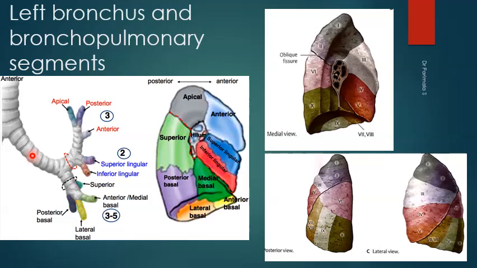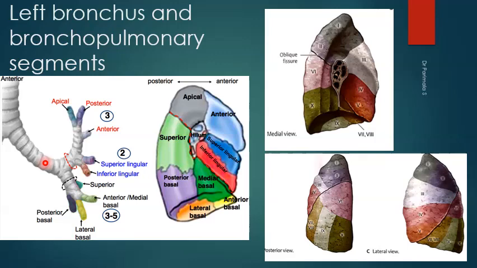And the angle made by the extrapulmonary part is 45 degrees here, whereas on the right side it was 25 degrees. Here it is 45 degrees away from the median plane at the tracheal bifurcation, and passes downwards to the left side like this, and runs below the arch of aorta.